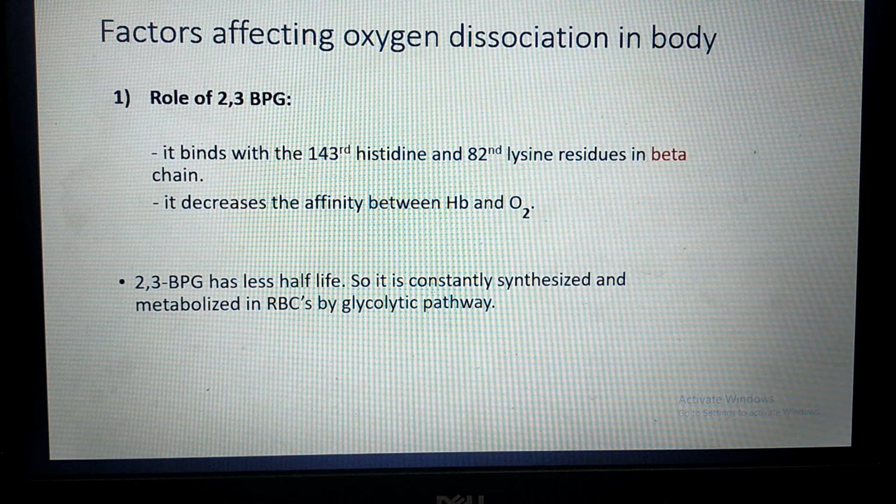After binding with the beta chain, 2,3-BPG decreases the affinity between hemoglobin and oxygen molecule. Therefore, oxygen can be easily detached or dissociated from the hemoglobin and delivered to the tissues. This 2,3-bisphosphoglycerate has a short half-life, so it is constantly synthesized and metabolized in RBCs by the glycolytic pathway.